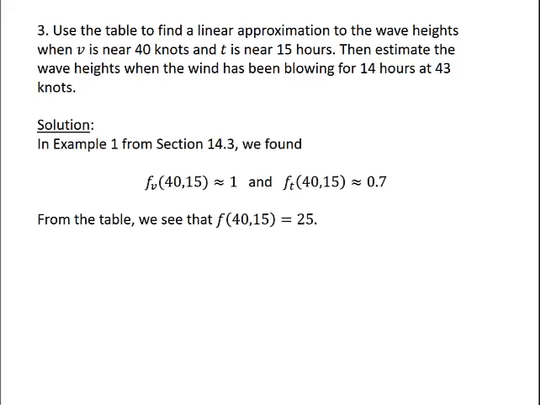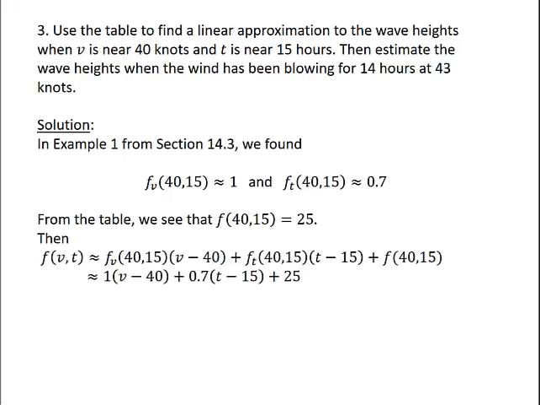Now, we worked with this example back in section 14.3 when we talked about partial derivatives, and we found that the partial derivative of f with respect to v at (40, 15) was approximately 1, and the partial derivative of f with respect to t at (40, 15) was approximately 0.7. So if you're curious where those values came from, go back and re-watch that video. Now, from the table, we found that the actual value at (40, 15) was 25.